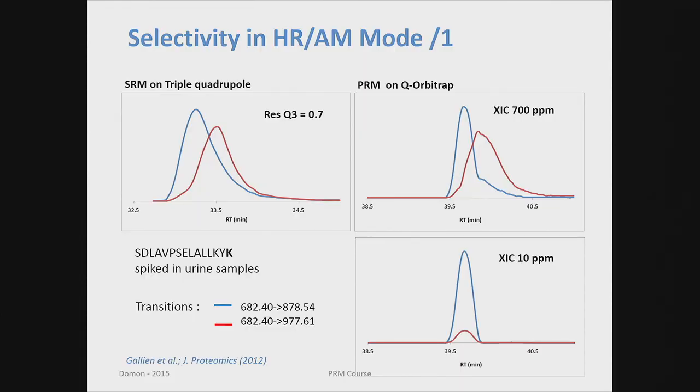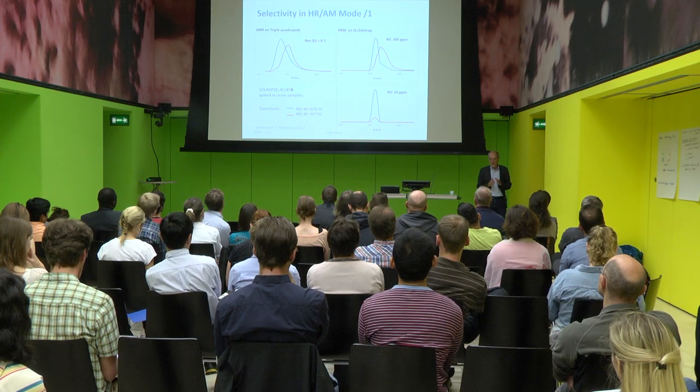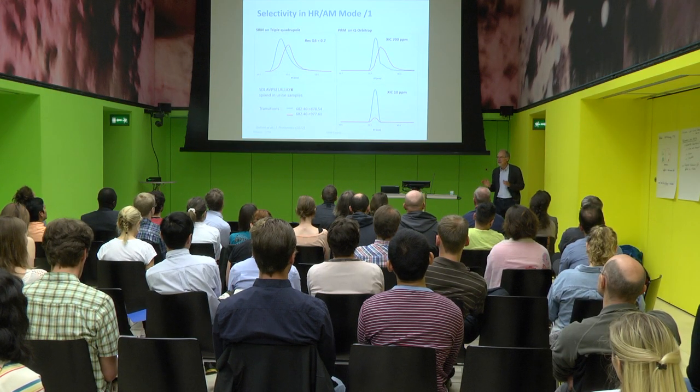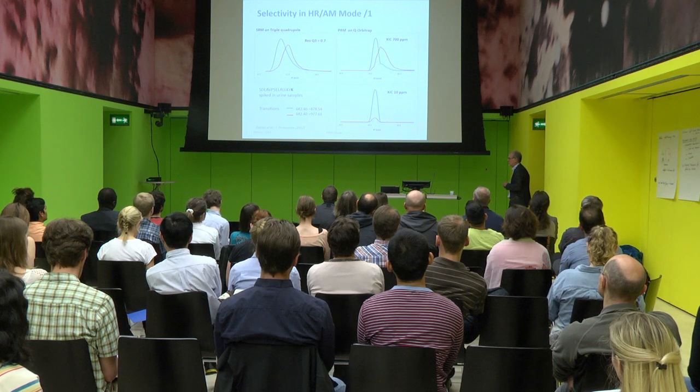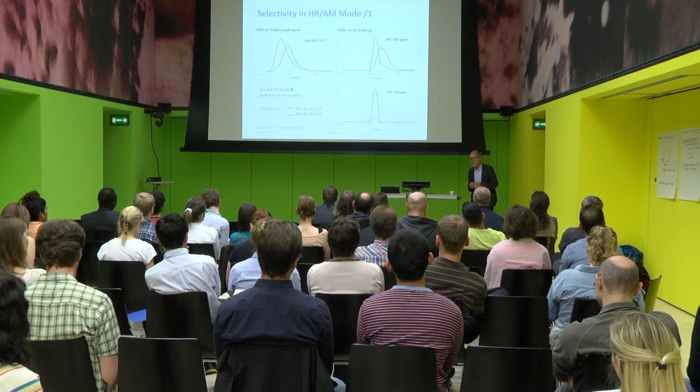And that's what I showed you in the previous example with this SIM spectra, where the values allowed us to differentiate that. So that means we have very high resolution accurate mass. We can extract our fragment ions within a window, and typically we would probably use 10 or 15 ppm as tolerance.